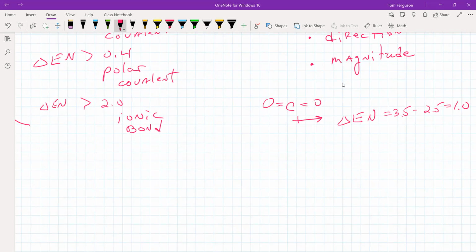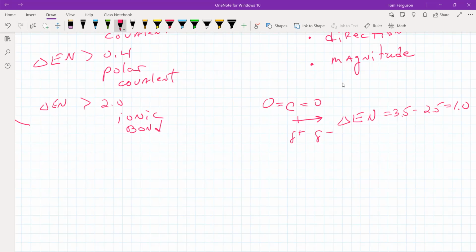For the right side double bonded O, oxygen has higher electronegativity, carbon has less. That means our arrow is going to point to the one with more electronegativity. The tail looks like a plus, so remember the tail that looks like a plus points to the one with less electronegativity.